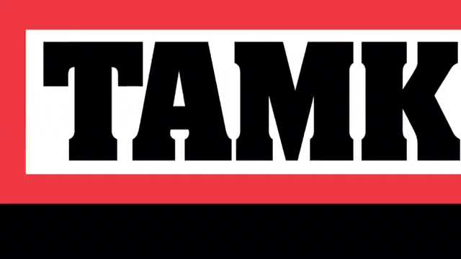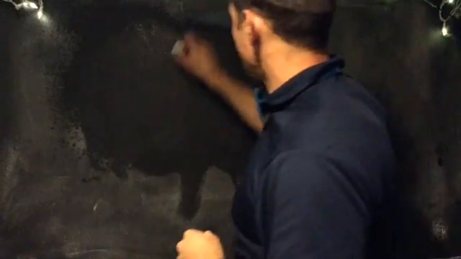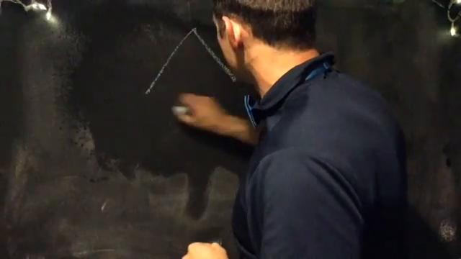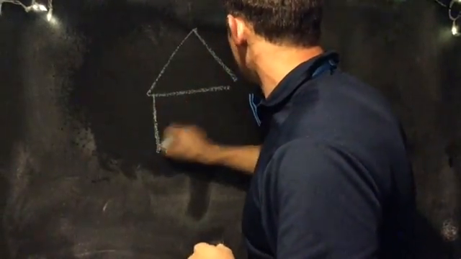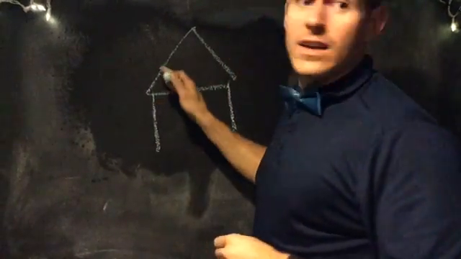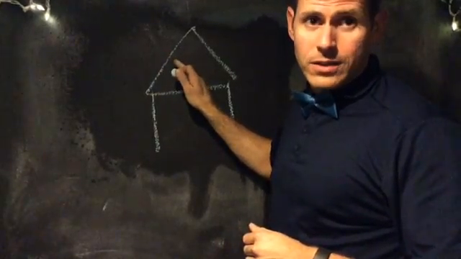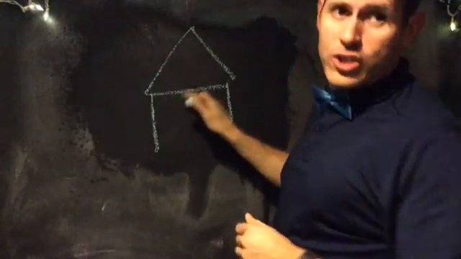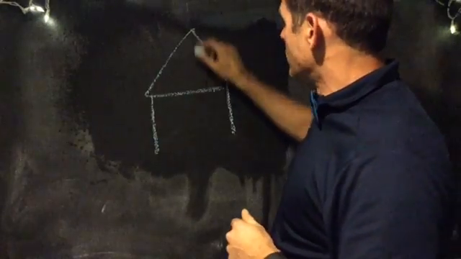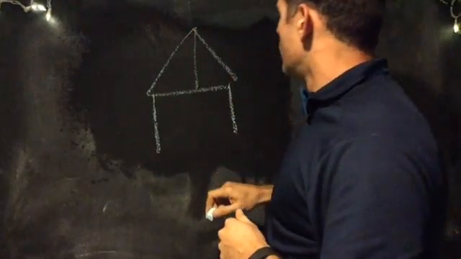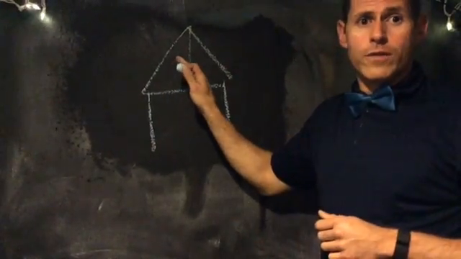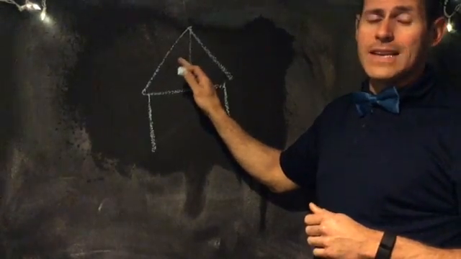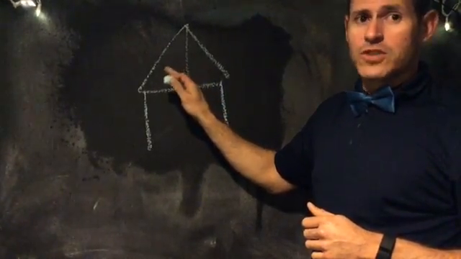Besides my stylish attire, I'm also known for working at Tamco Building Products. At Tamco, we make a tire for houses. And what that is would be the shingle. Now, we commonly use pitches on the roofs in order to identify different types of shingles.